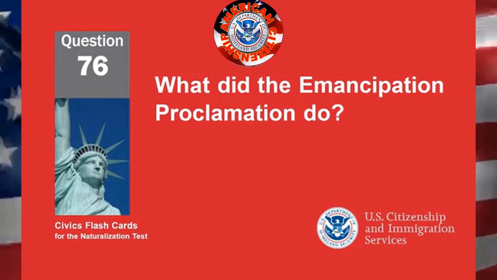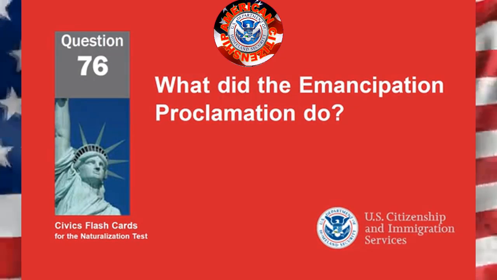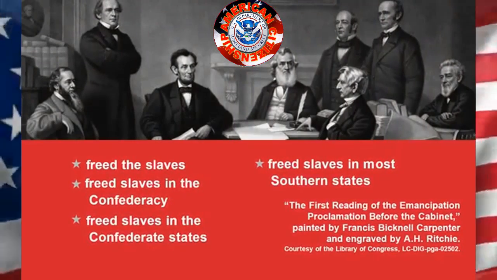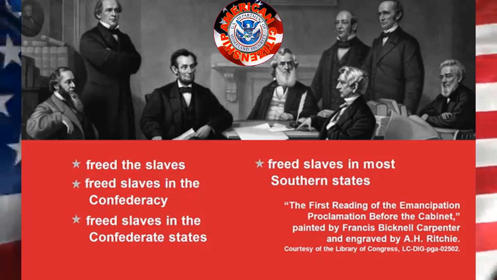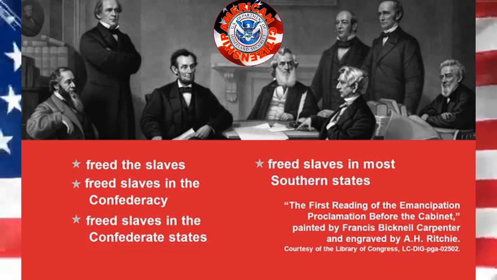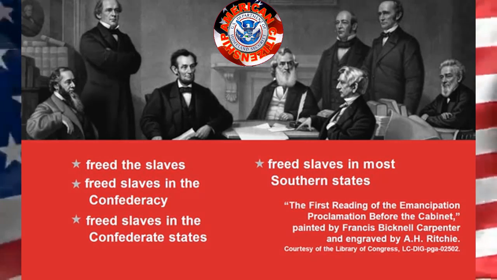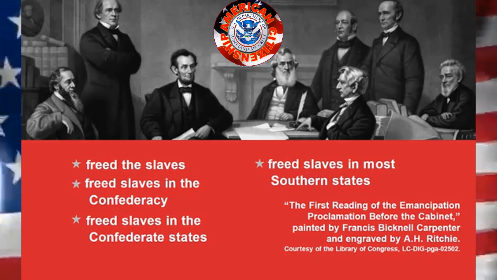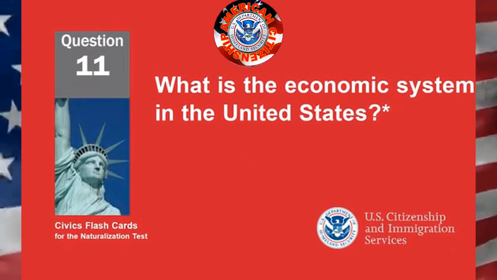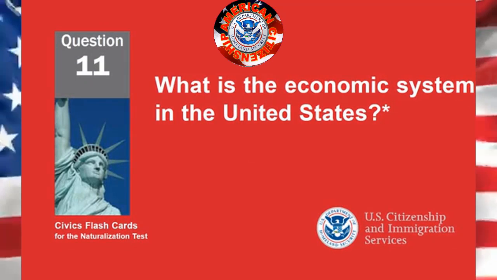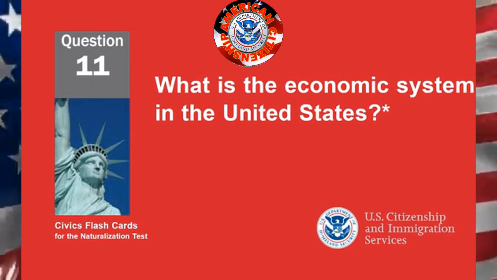What did the Emancipation Proclamation do? Freed the slaves, freed slaves in the Confederacy, freed slaves in the Confederate States, freed slaves in most southern states. What is the economic system in the United States?